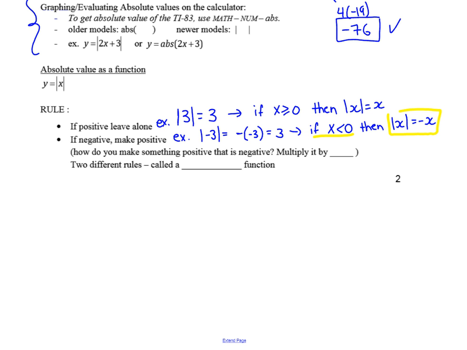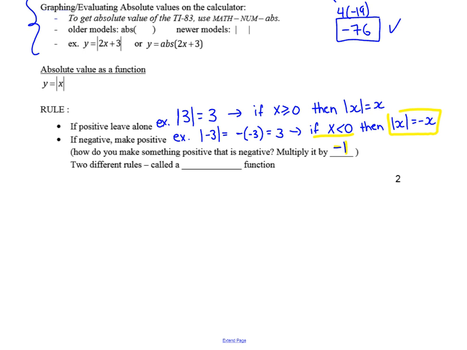So only if x is a negative number. That's the key. If I put in -2, then -2 comes out +2. You with me? This is where it gets kind of abstract. I don't know if that's a word. Okay, how do you make something negative? You multiply it by -1.